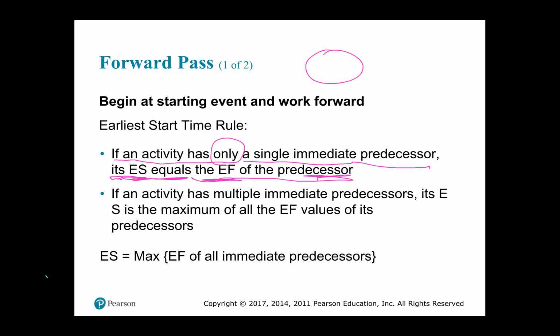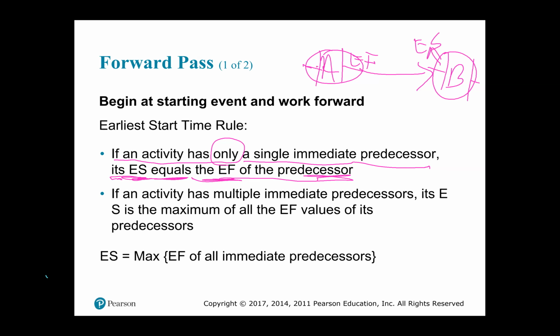So what that means is, suppose activity B has only activity A as its immediate predecessor. It simply means that the early finish of activity A becomes the early start of activity B. That is what that means, right?